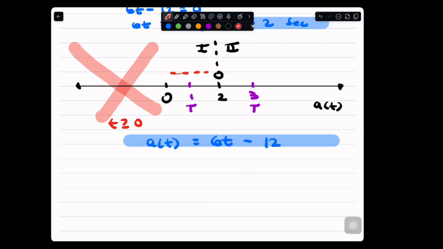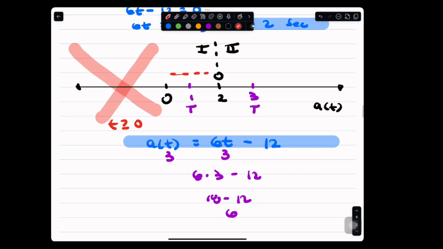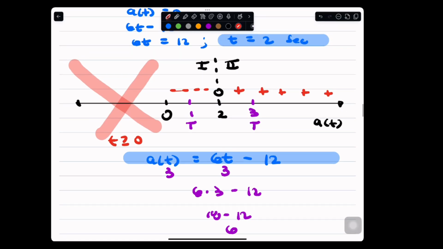Okay, now go to test region 2. 6 times 3 minus 12. It looks like that's 18 minus 12, which is 6. Region 2 is positive. All right, I have all the information I need.